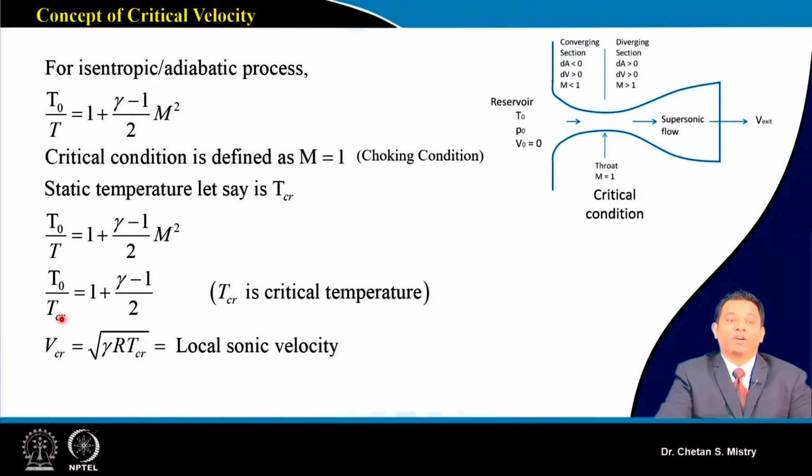Based on our definition, the local sonic velocity is given by root gamma R T star, or T critical. This is one of our relations. Now let's move to what we define in terms of velocity ratio.